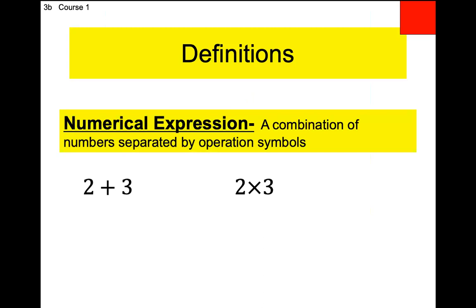That means the other flavor is the non-numerical one. That would include a variable. So we have numerical expressions and variable expressions. Now remember, a variable expression can have numbers as well, but a numerical expression can only have numbers.